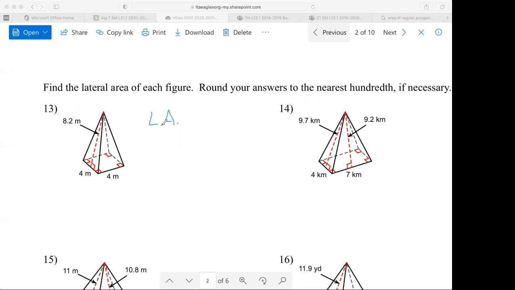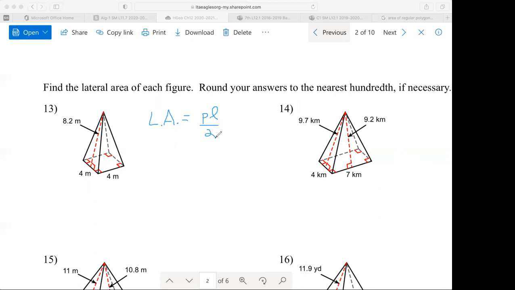Lateral area looks kind of familiar to the other one, but not exactly. It's going to be the perimeter, P, not times the height, but times the slant height, L, divided by 2. So this one is different. It's PL, L is the slant height, all divided by 2.